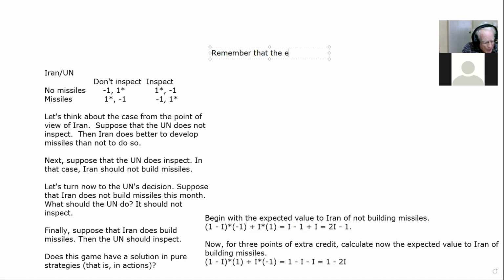Remember that the expected value of the strategies must be equal, so missiles or not. Let's do the same.